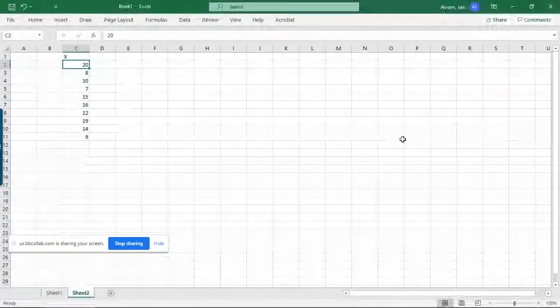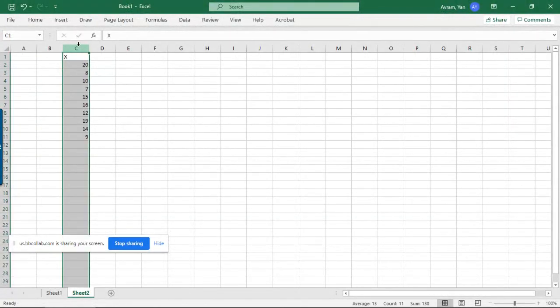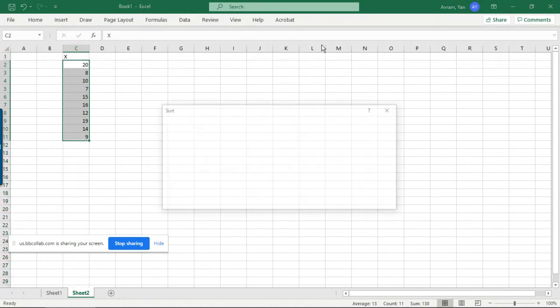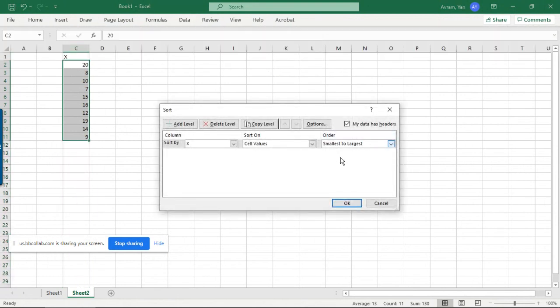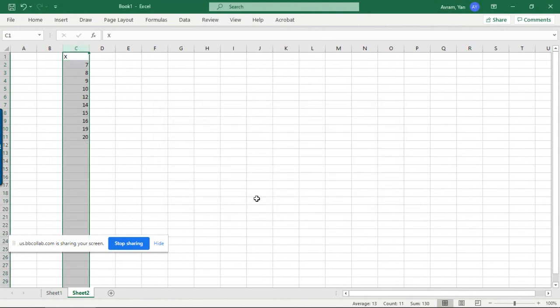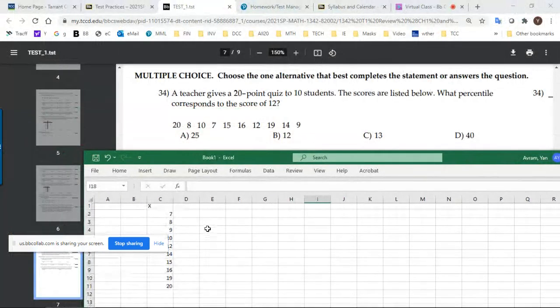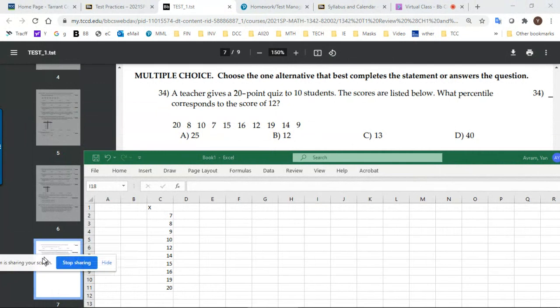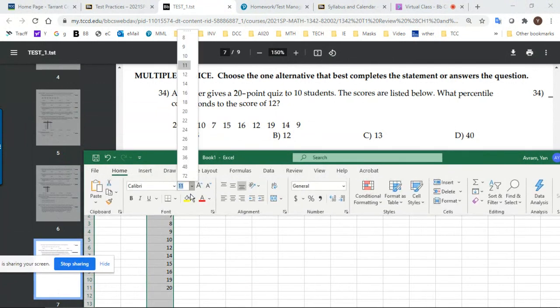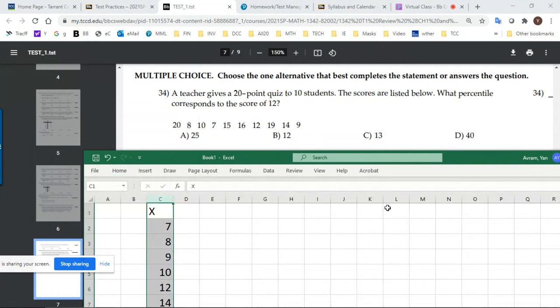All right, so you can go here and go to Data, and then Sort, from smallest to largest. So now I have this one already sorted: 7, 8, 9, 10, 12, 14, 15, 16, 19, 20.